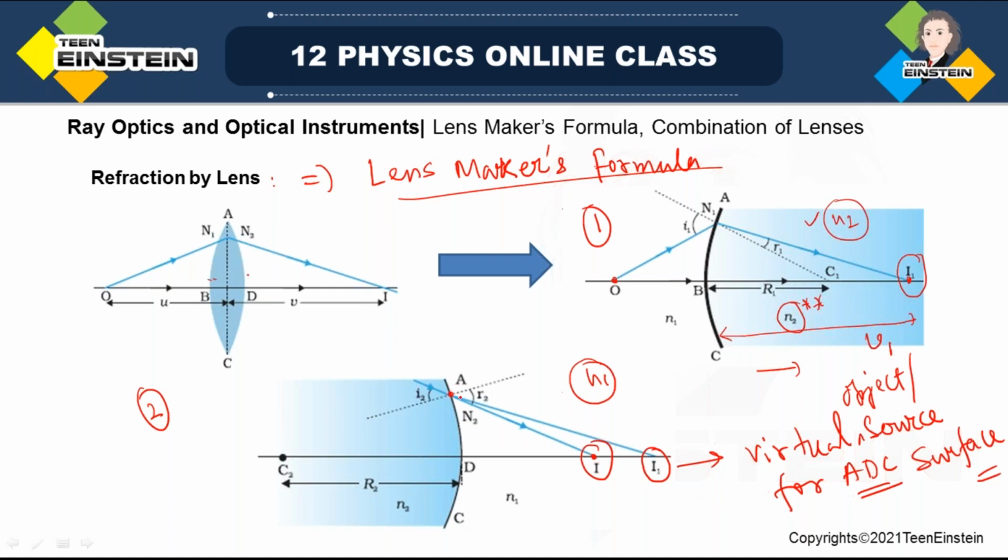After refraction at this ADC surface, finally light will meet the principal axis at I, and this will give you the real image, the final image for the point object O. So this I will be the final image. Suppose this final image has image distance V from the optical center.